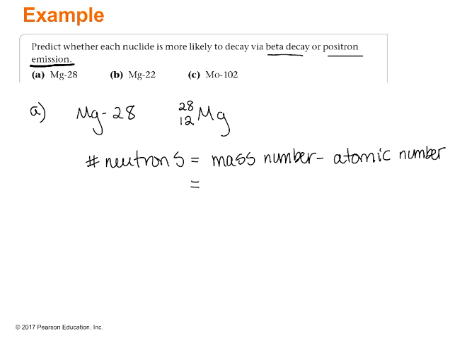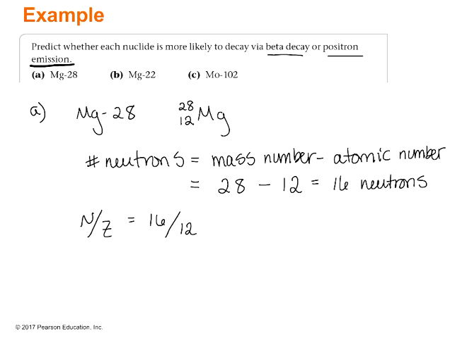So for this particular isotope, that's 28 minus 12. So that means we have 16 neutrons in this isotope. All right, so now let's determine the neutron to proton ratio. So the number of neutrons is 16 and the number of protons is 12. So our ratio is 1.33. So that's a little high.